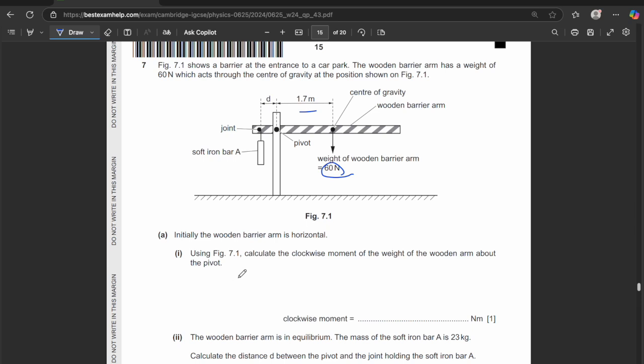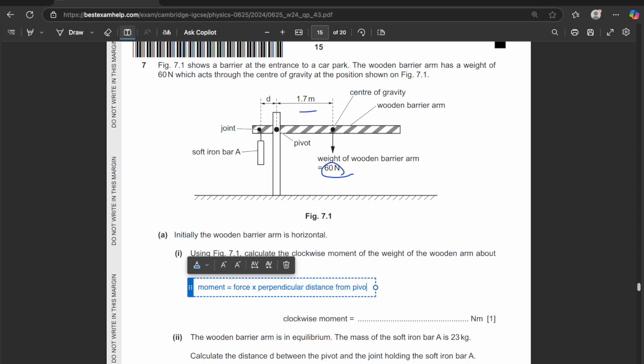Probably distance. It's not worth it to write just for 1 mark. If you have extra time, you can, but it's probably not worth it. Force times perpendicular distance from pivot.